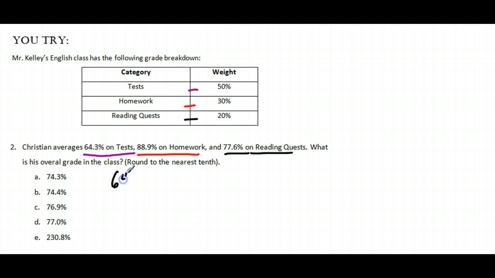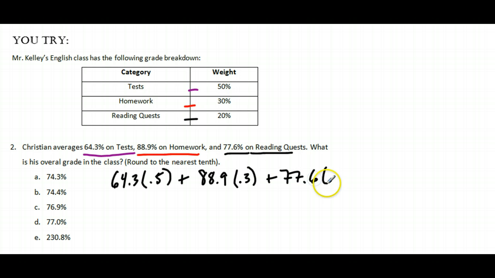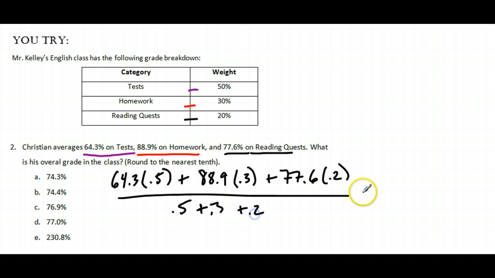We've got 64.3 times its weight, and that was 50%, 0.5, plus 88.9 times homework, which was 0.3, plus 77.6 times its weight, which was 20%, 0.2. We're going to divide that all by 0.5 plus 0.3 plus 0.2.